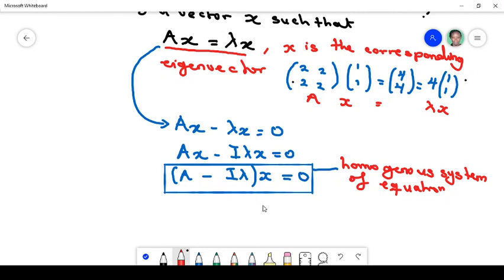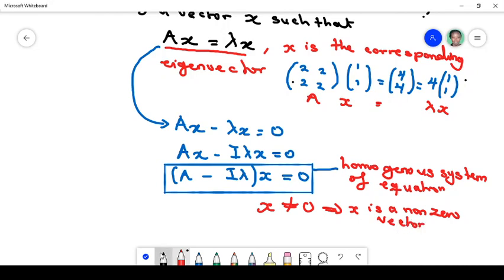From here, we are saying that x, which is our eigenvector, is not equal to 0, which implies that our x is a non-zero vector.